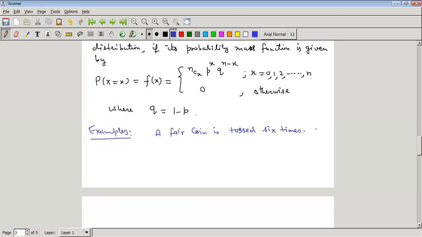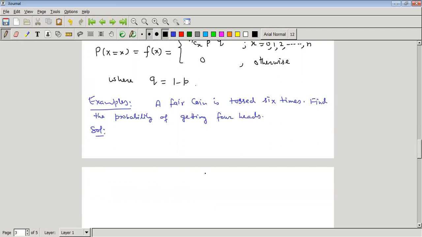Find the probability of getting 4 heads. So the coin is tossed 6 times, right? We have to find the probability of getting 4 heads.